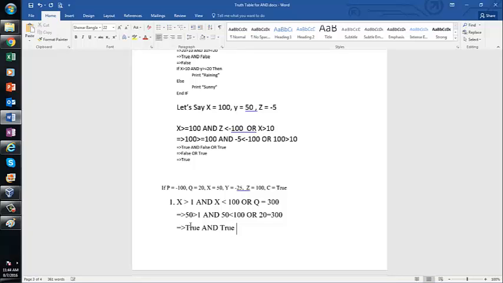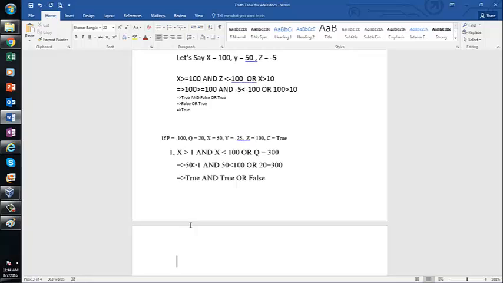And then or 20 equal to 300. 20 equal to 300 is false. Now let's solve the AND operator. True and true returns true, and then or false.